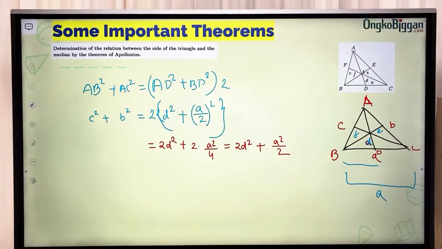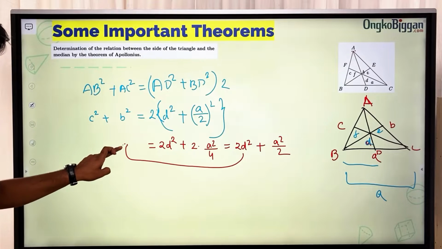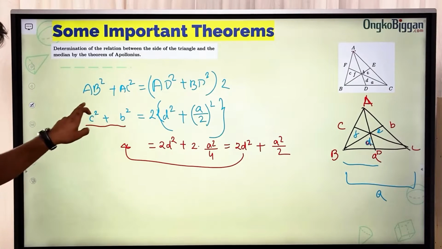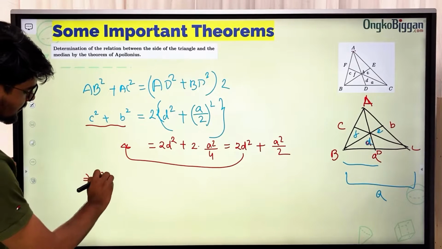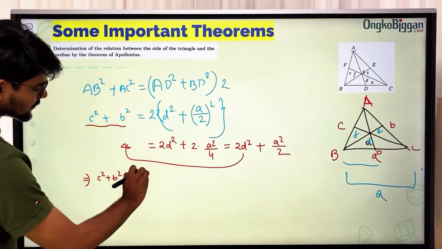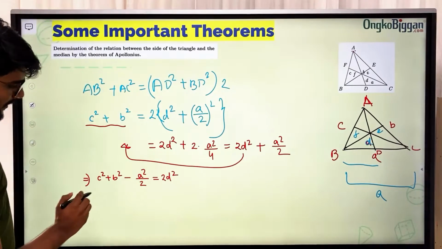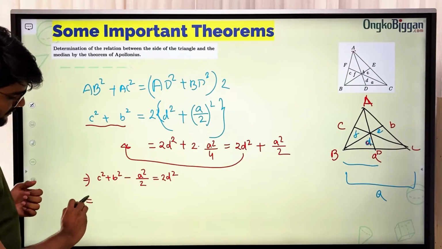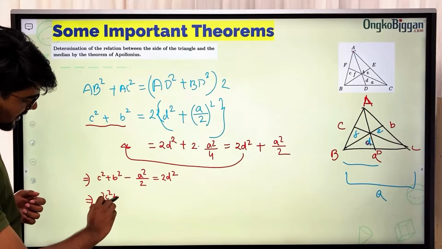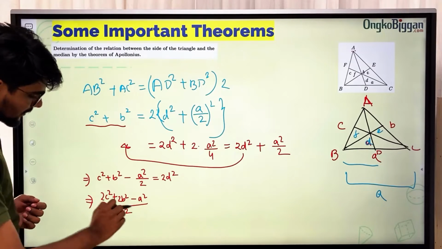Okay. Now if we want to move this side here, we're going to move these parts to the right side. So we get c square plus b square minus a square by 2 is equal to 2d square. Now if I divide this, simplify it first: 2c square plus 2b square minus a square, divided by 2.